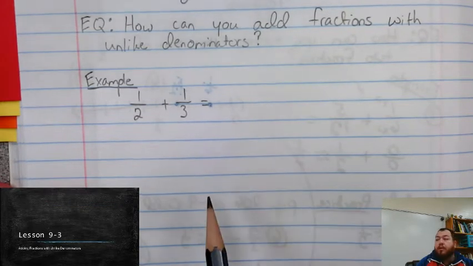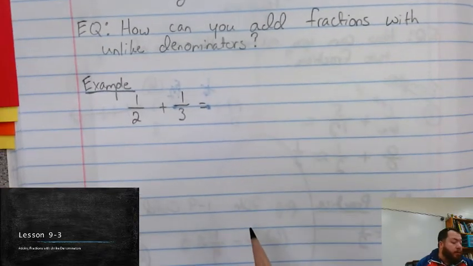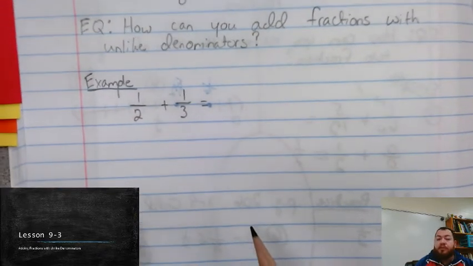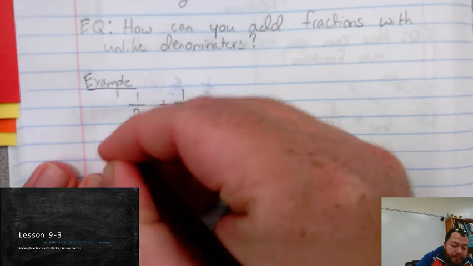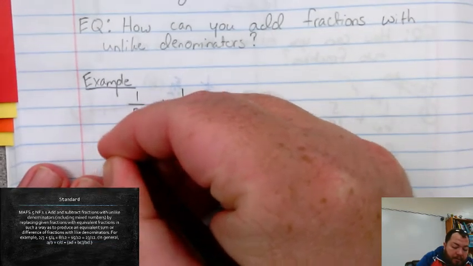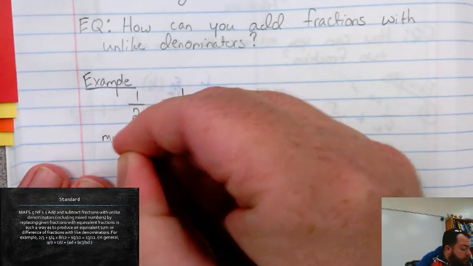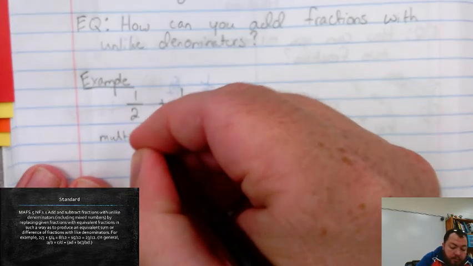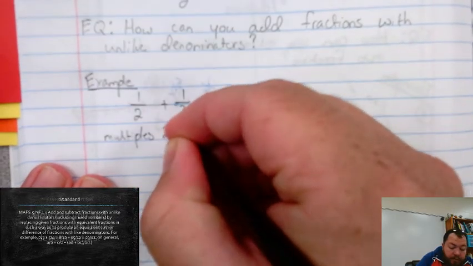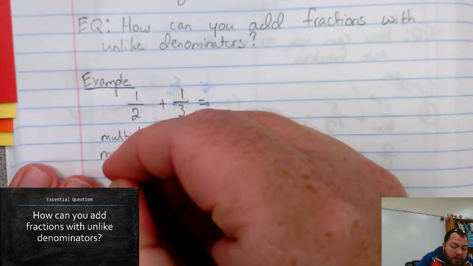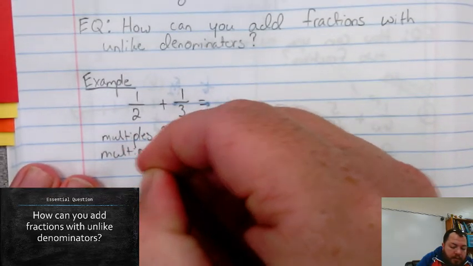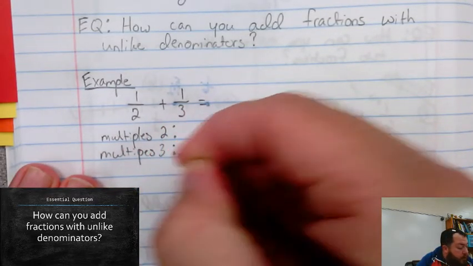So the easiest way to find the least common denominator is we need to list the multiples of 2 and 3. So we're going to do multiples of 2, multiples of 3.